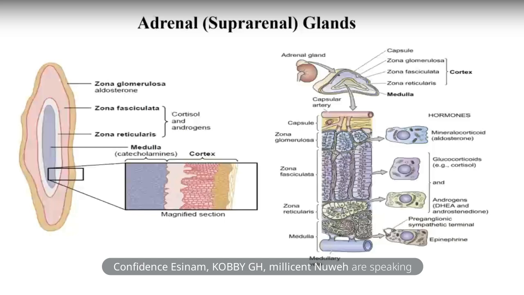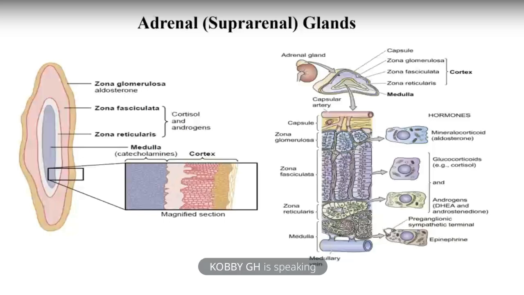So when we ask you to mention the cortical hormones, the medullary hormones are the catecholamines. The cortical hormones mean the hormones produced by the zona glomerulosa, the zona fasciculata, and the zona reticularis. They are also called the adrenal cortical hormones.